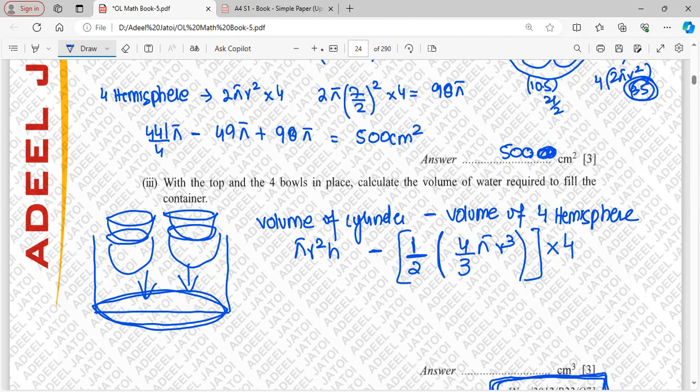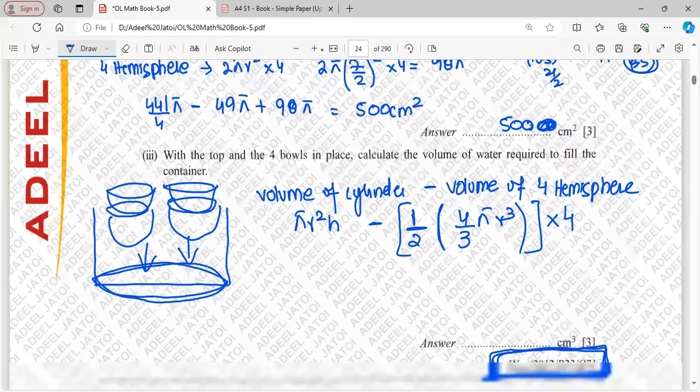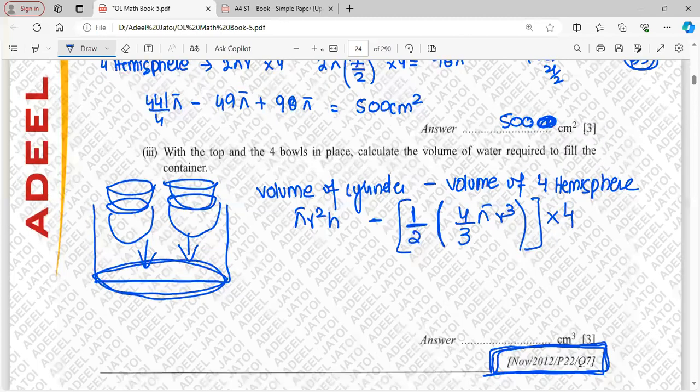Why are we dividing it by 2? Because we need the volume of a hemisphere. So eventually we'll find the volume of the cylinder that has the water.